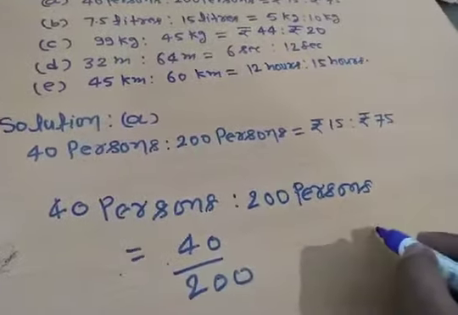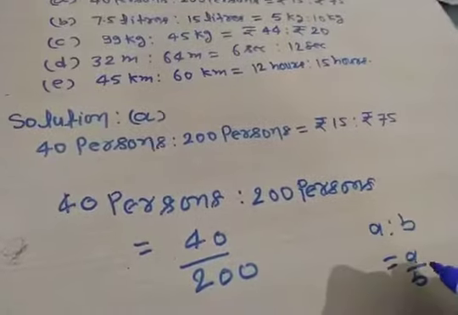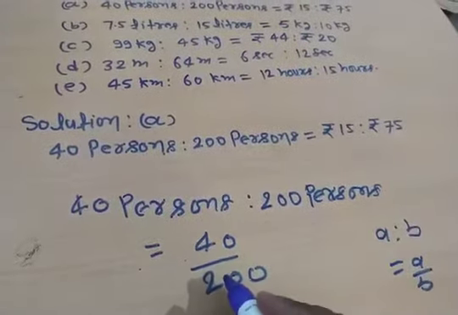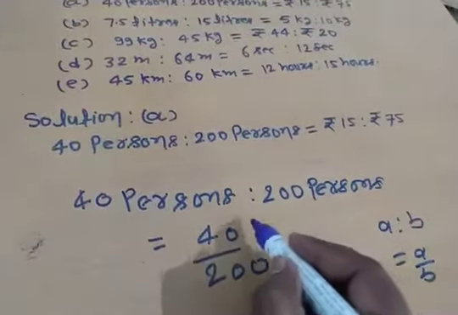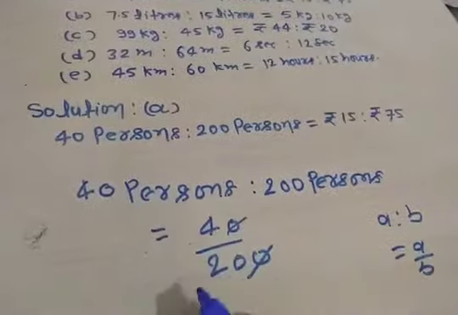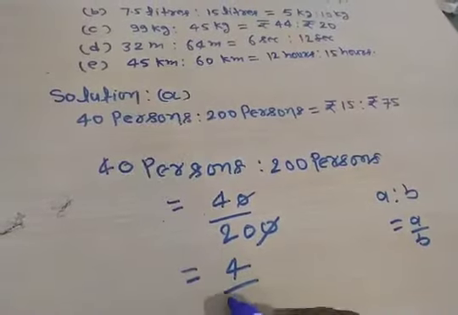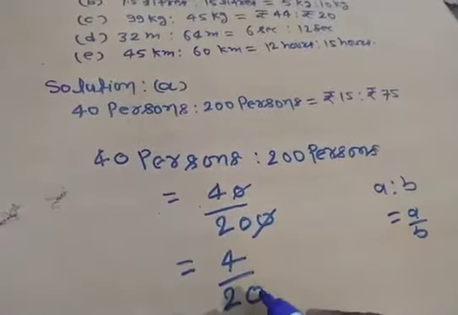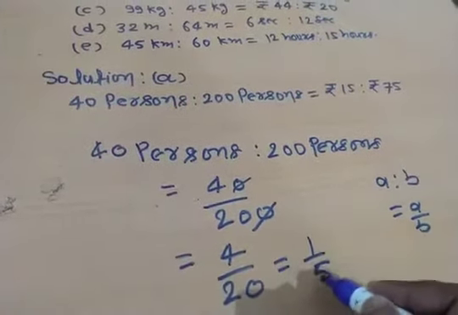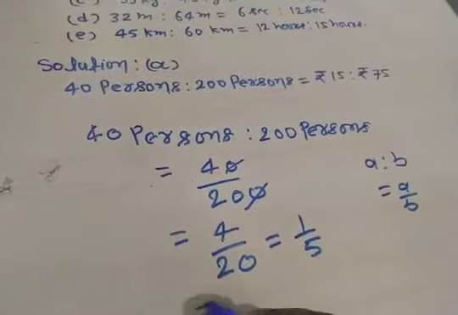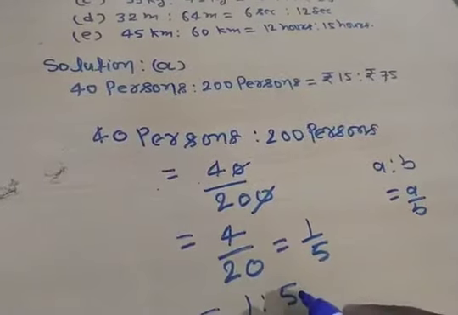Okay, student, I told you if A ratio B, you can write it A by B. So here you write 40 by 200. The 0 cancels here and we obtain 4 by 20. Also you can simplify it, we obtain 1 by 5. So it means that this is equal to 1 ratio 5. Clear?